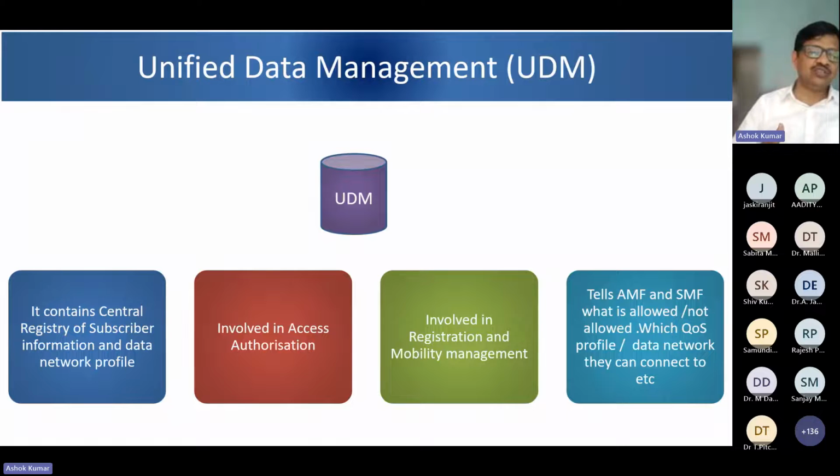And there is also the concept of switchover of AMF. Suppose UE connects to one AMF, and then makes a request for a service which is not handled by that AMF. Then a switchover from one AMF to another AMF will happen depending upon the requirement. Those processes are also part of 5G.